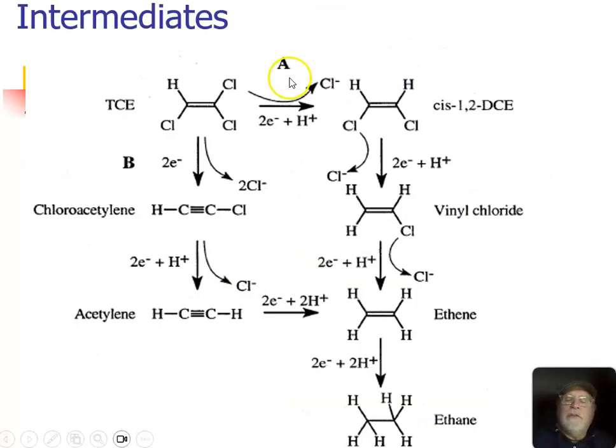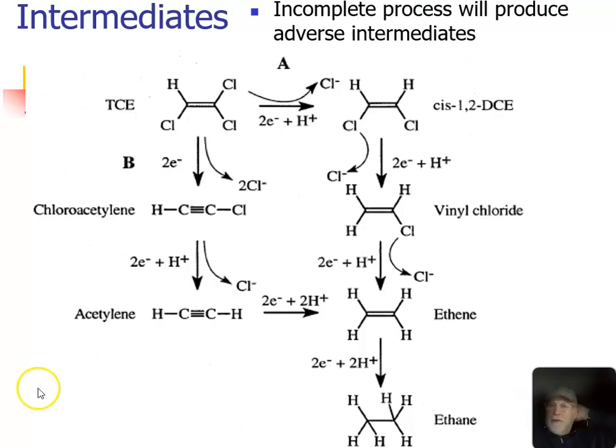For TCE, I won't get into the chemistry of it, but TCE is trichloroethylene. So if you go to 2, that's 2-chloroethylene. And then you go to 1-chloroethylene, that's vinyl chloride, which is actually more toxic. And then the chlorine comes off, and then it can go to ethylene or ethene and ethane. So it's several steps to it, and you actually have to get it to go all the way to really clean it up. The incomplete process will produce adverse intermediates.